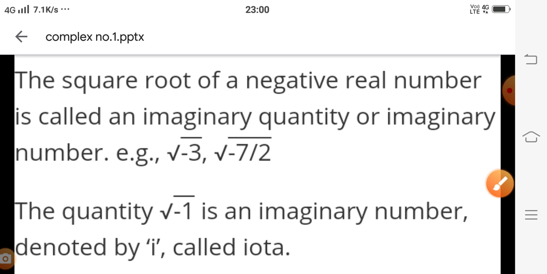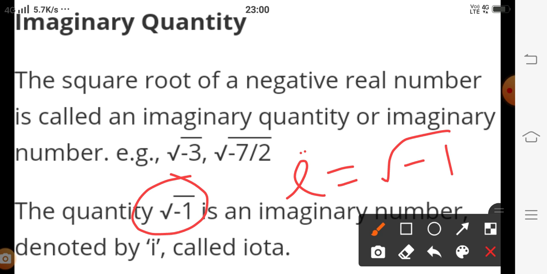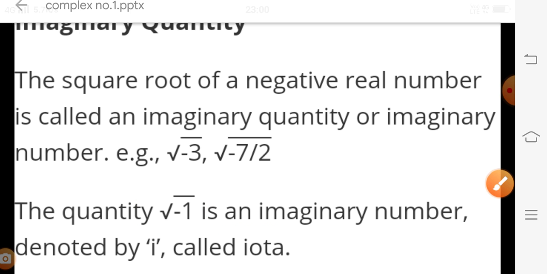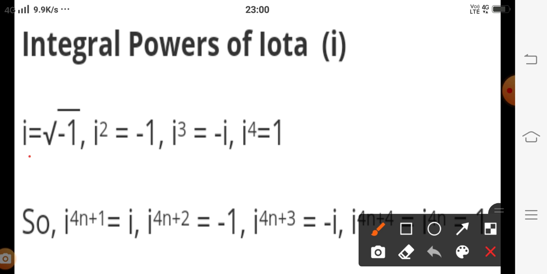This value, under root minus 1, is an imaginary number and it is denoted by i. i is equal to under root minus 1, and we call i iota. And we know i is equal to square root of minus 1.